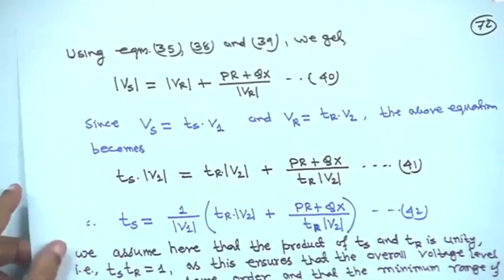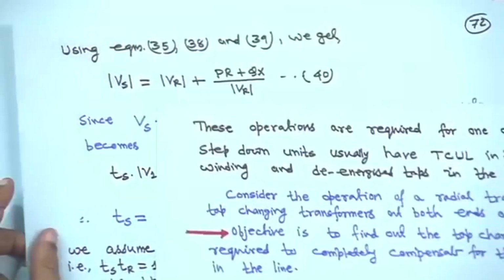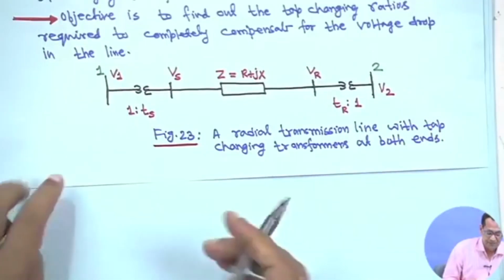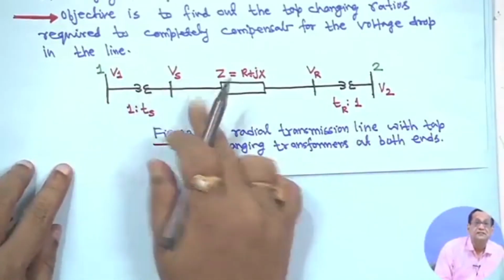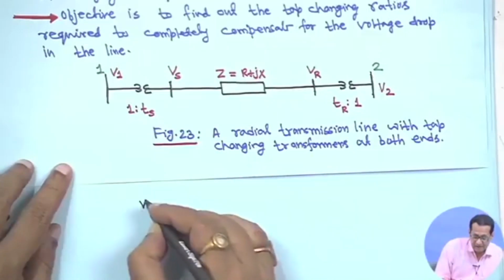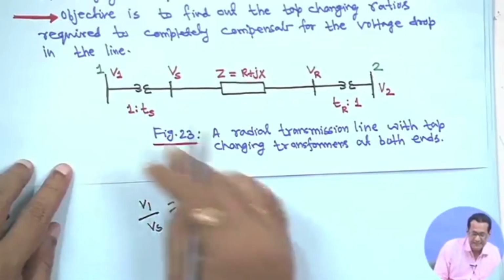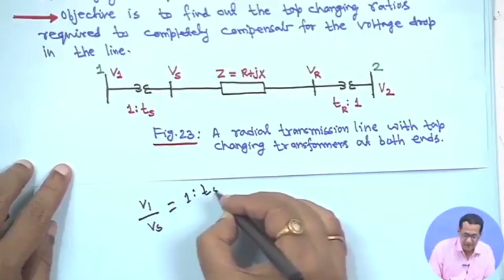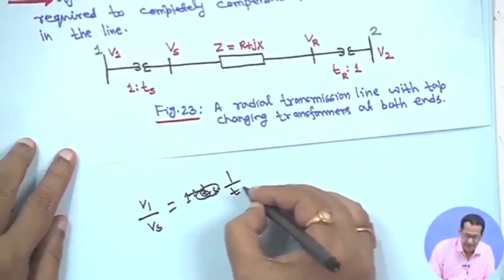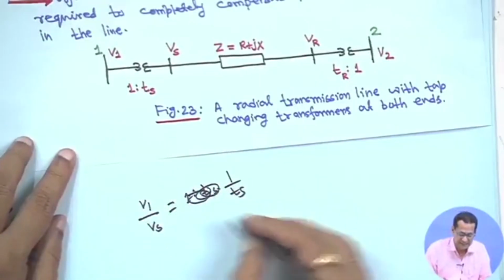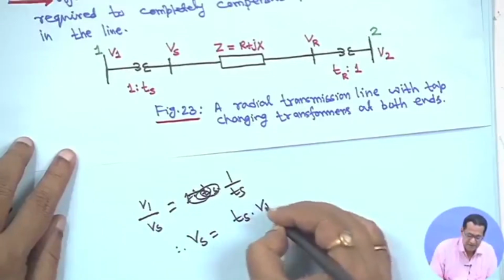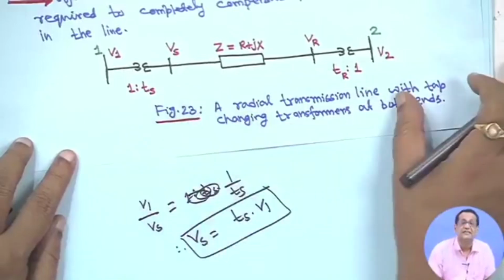Now, if you come to this diagram, that is figure 23, V1 upon Vs, its ratio is 1 is to Ts, that means 1 by Ts, that means Vs is equal to Ts into V1 this side.